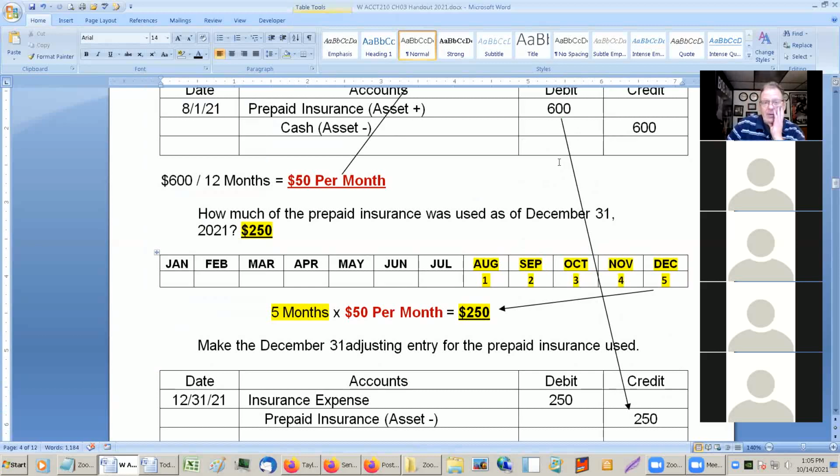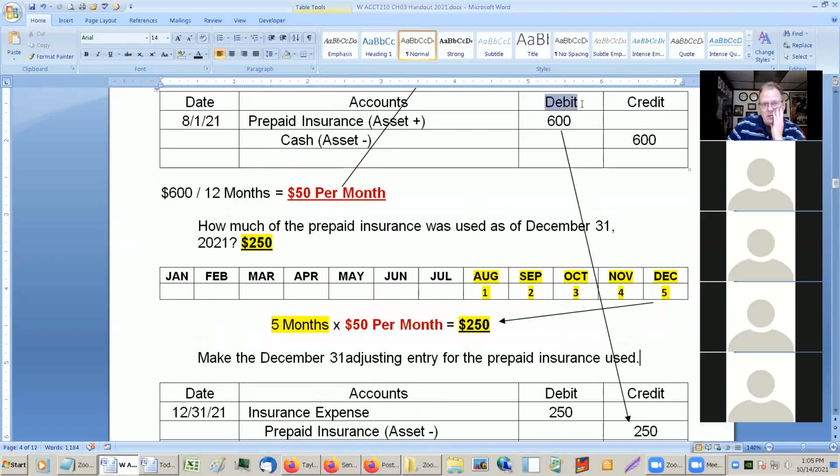So if it has a debit balance here, then we come down here to reduce it, we're going to credit it.